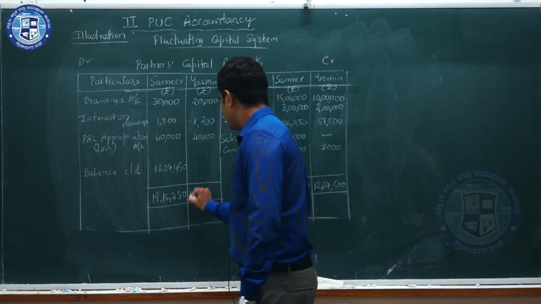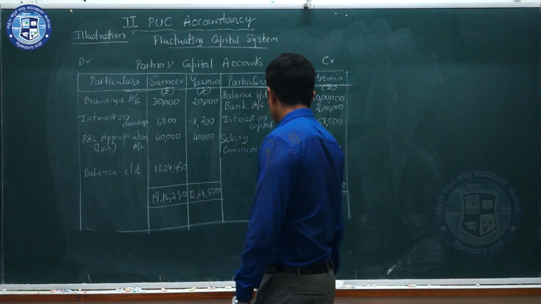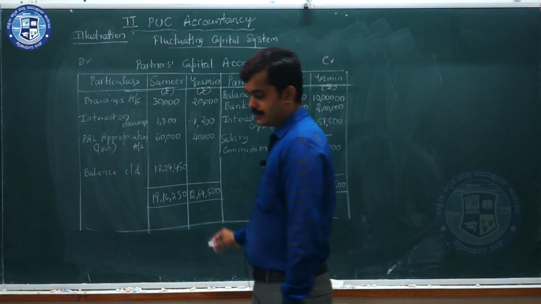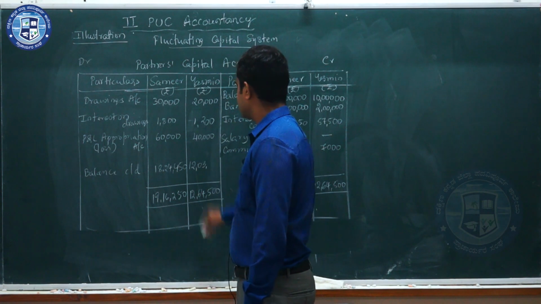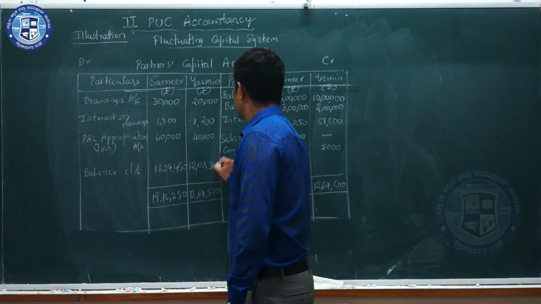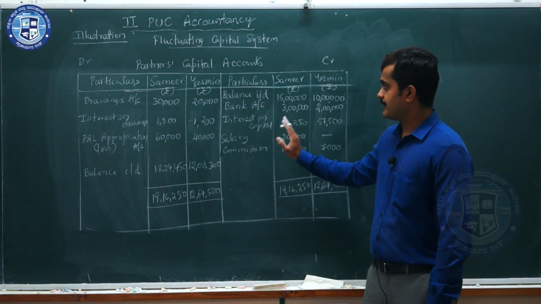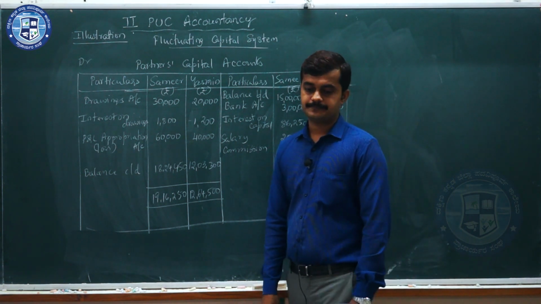Write that on the debit side. From that deduct debit side items 61,200, you get 12,03,300. So this is how under fluctuating capital system partners capital accounts appear.